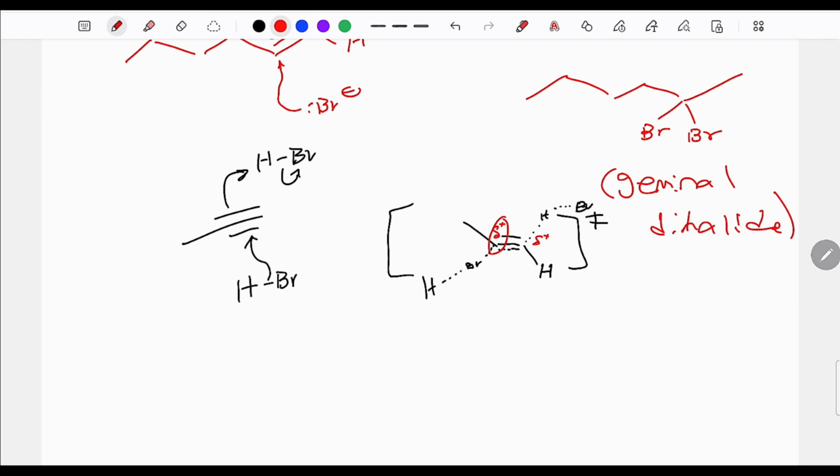But the thing is, the delta plus that is developing is favored on the more substituted carbon. Okay? Because, of course, it's very much so stable there, as compared to the other position. And so the bromine will end up adding here as opposed to adding here.